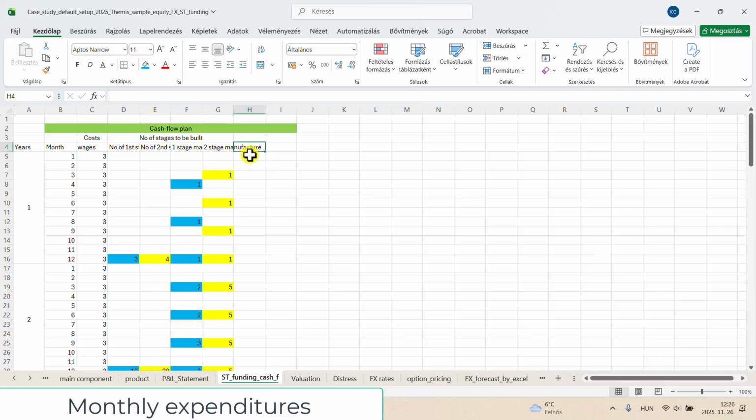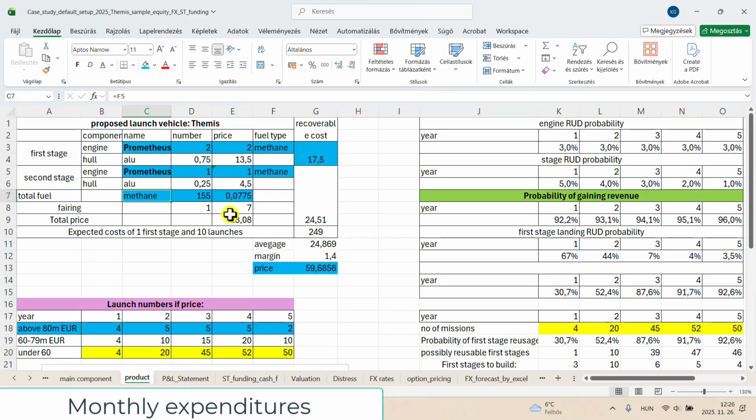Then after that we know what the costs are, because from the product data sheet we know that everything which is related to the first stage will be located here, and everything which is related to the second stage will be added here. So we don't have to care about fueling costs and stuff like this. All the recoverable costs will be just accounted with the second stage.